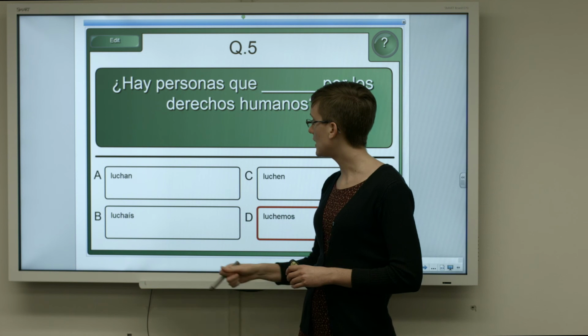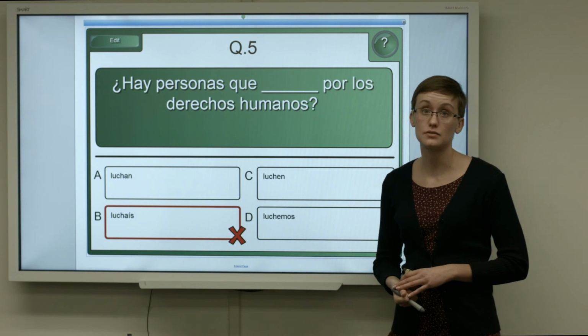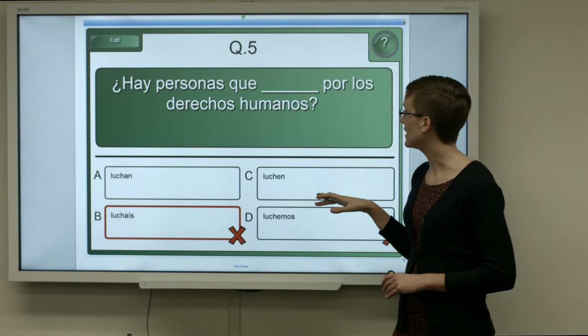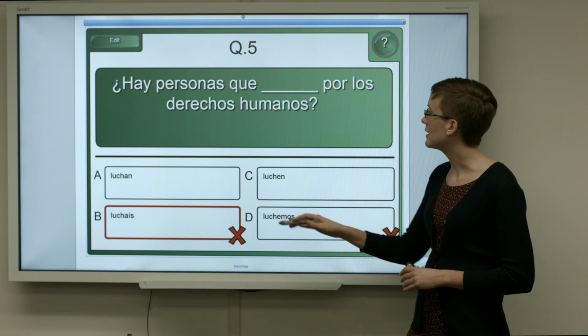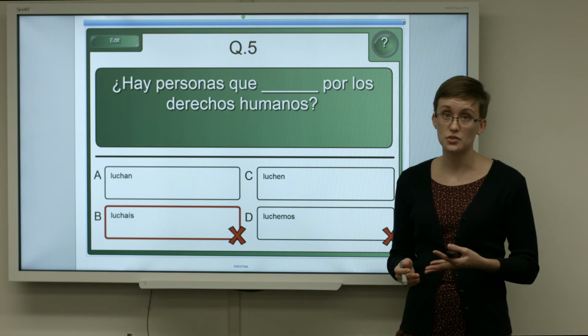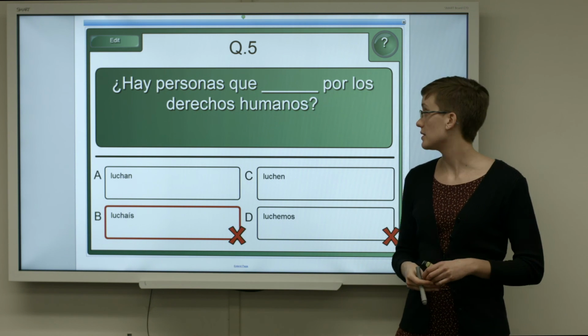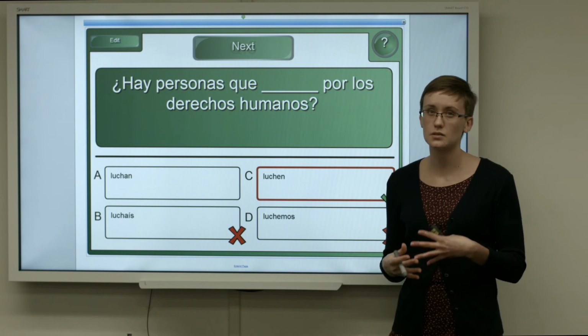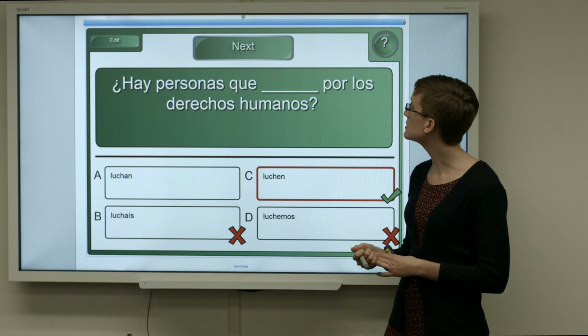We can rule out lucháis, because that is vosotros. So we are left with luchan or luchen. And we are asking, hay personas, are there people? We don't know if those people exist. That's why we're asking the question. So we are going to use the subjunctive luchen, because we don't know if those people exist.